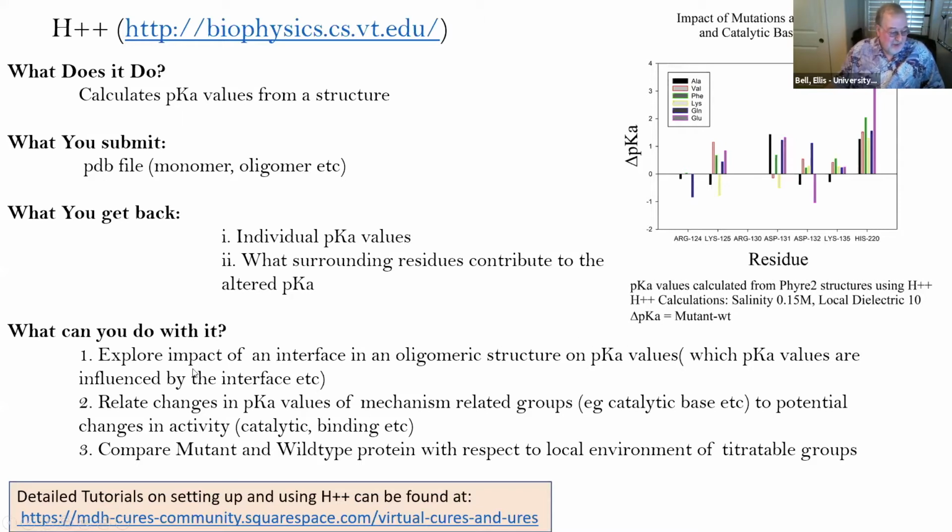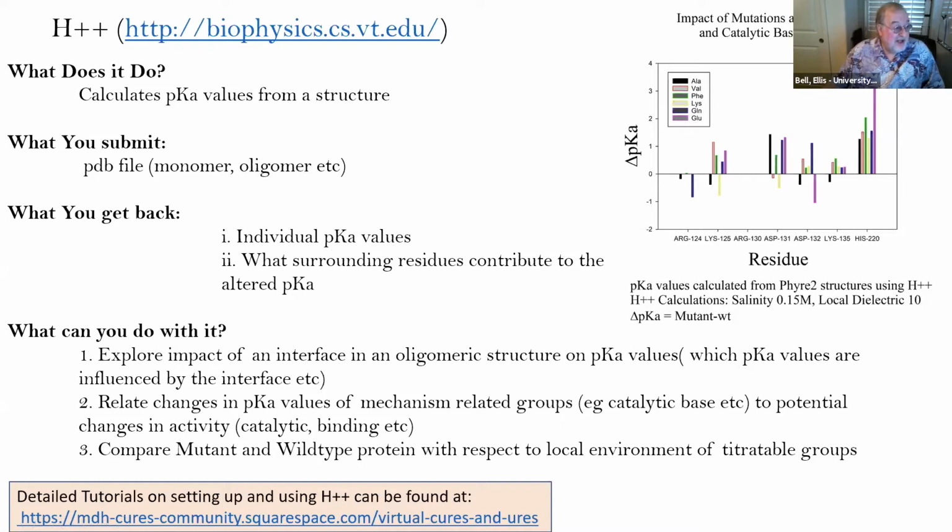You can relate changes in pKa values of mechanism-related groups, for instance, if there's a catalytic base in the protein, to potential changes in activity, either catalytic or binding or whatever. You can compare mutants and wild-type proteins. And you get data that you can put into nice plots. In this case, this is delta pKa of a mutation of a protein, comparing how much it changed with the non-mutated protein.